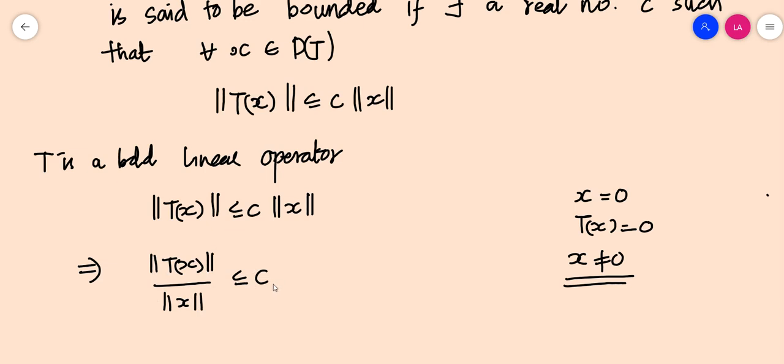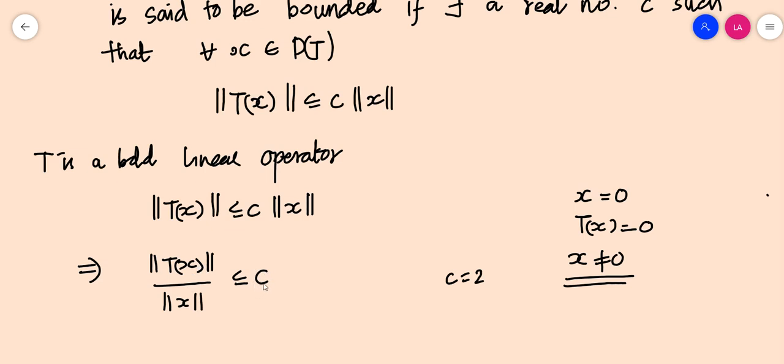If it is satisfied for some C, it should be satisfied for every real number greater than C. If it is satisfied for, let's say, C equal to 2, it should be satisfied for C equal to 3, 4, 5, 6, 7, etc. So if T is bounded, this inequality holding for a particular C implies that it holds for infinitely many C's.